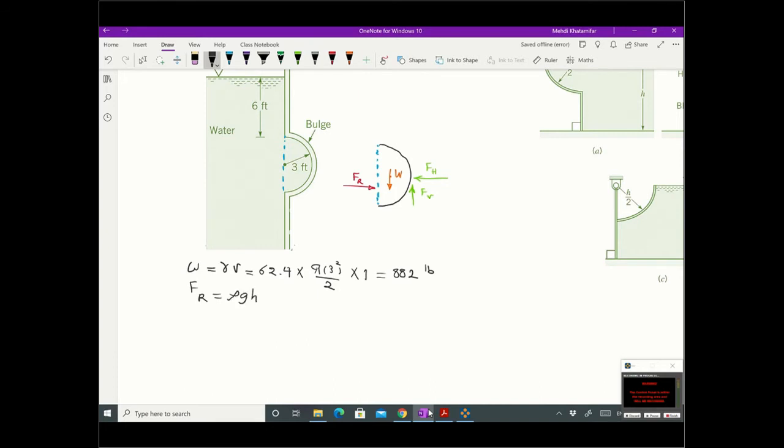And for the resultant force from the left side, F_R equals rho g h_c times area, again I'm writing it in red not to forget this. So rho g is 62.4 and h_c is the distance between the centroid and the surface of the water. Which centroid of which geometry? The rectangular geometry.